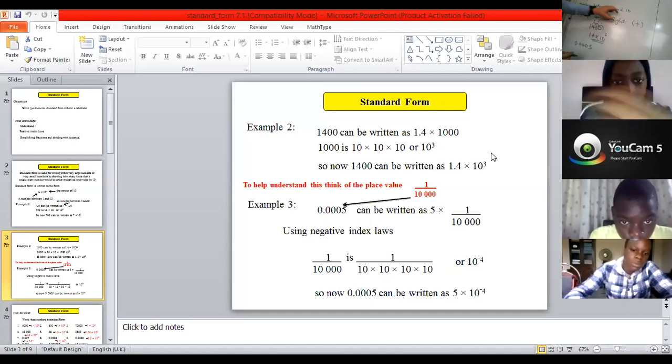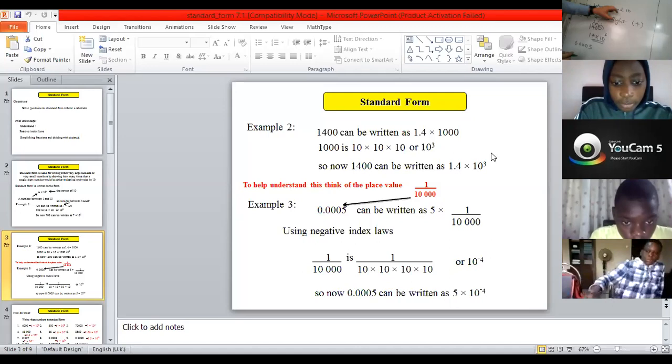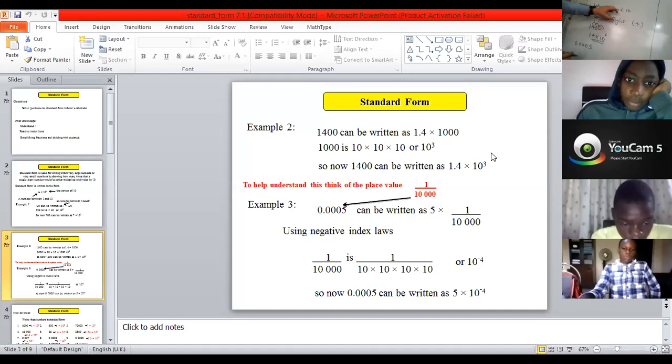Okay, so from here we can return to the screen. Let's have some things to discuss on the screen as a follow-up to what we have here. Don't get confused about it. Now, another thing you need to understand is that when your power of 0 is increasing towards the right, you shift your decimal point to the left.